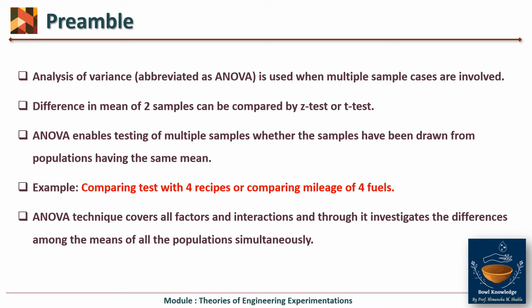When multiple samples have been drawn from populations having the same mean, we can use ANOVA to decide statistically whether they belong to a common population or not. For example, if you have to conduct a comparing test with four recipes, or compare the mileage of four vehicles having four fuels, this is the case of multiple samples.